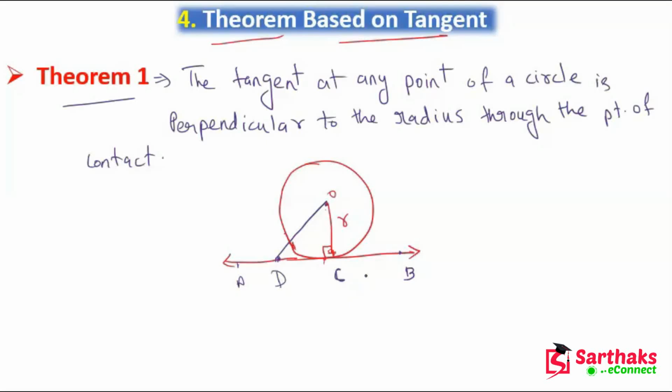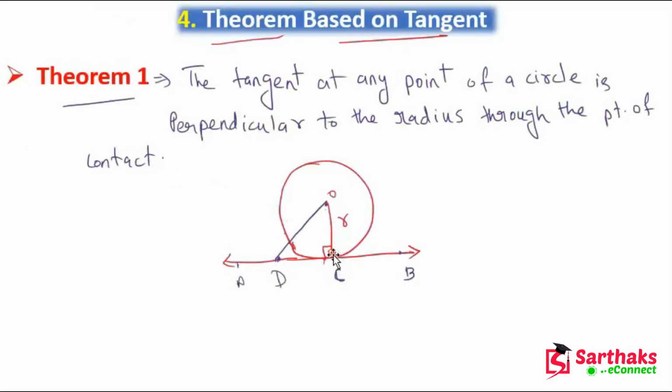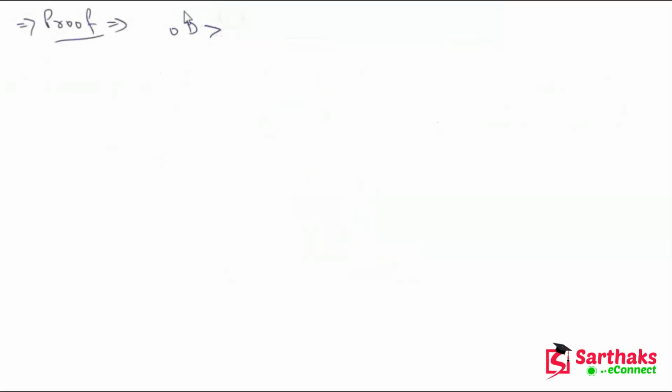Therefore OD will be greater than the radius of the circle. What is the radius? Radius is OC. OD will be greater than the radius OC.